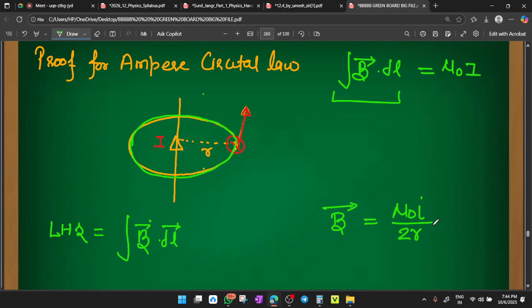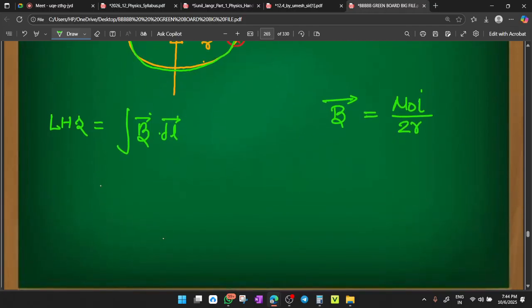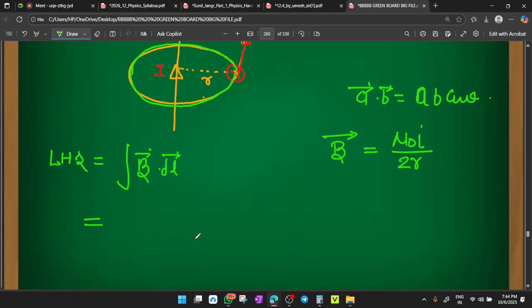Clear? So first open the dot product: A dot B equals mod A mod B cos theta. Now here it equals mod B mod dl cos theta, and theta becomes 0 degrees.